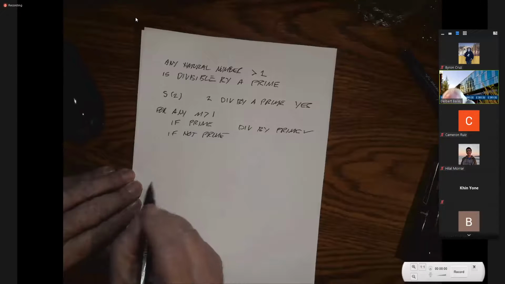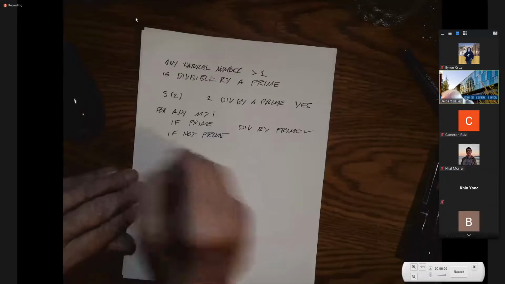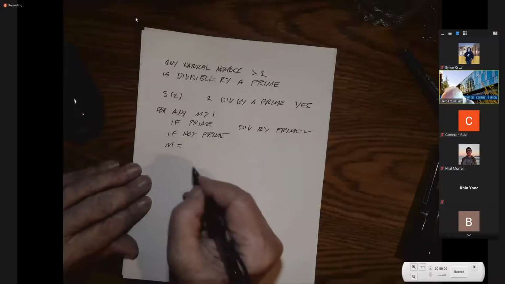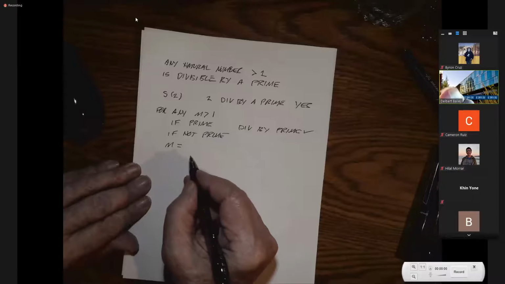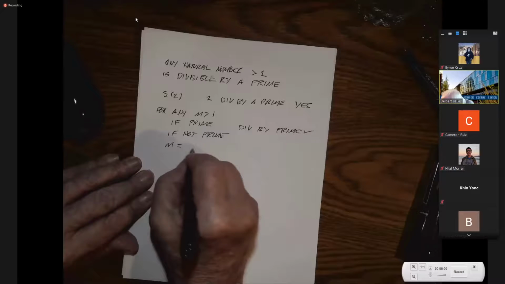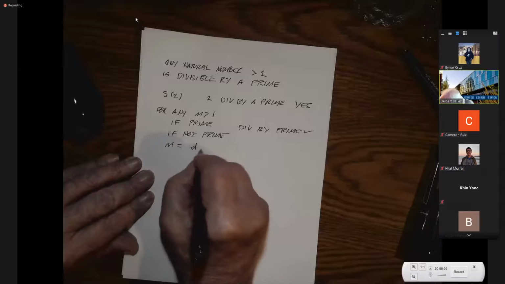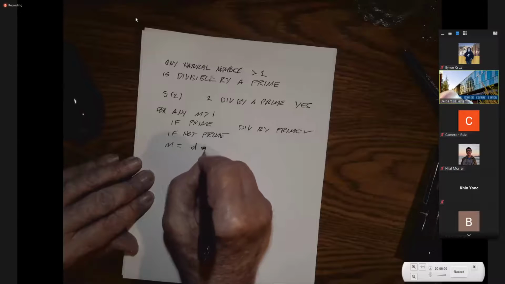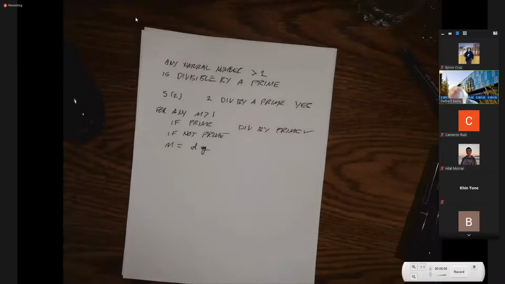Well, saying that it's not a prime is saying that it must be divisible by something other than itself and 1, right? So let's say it must be d times some other number.